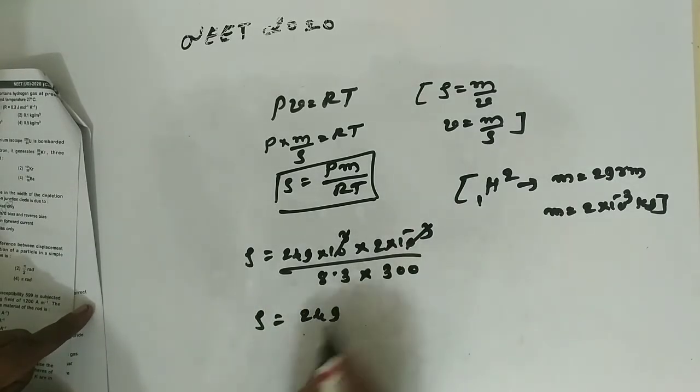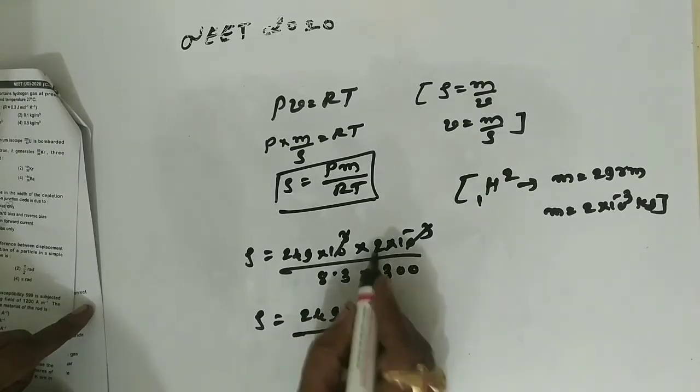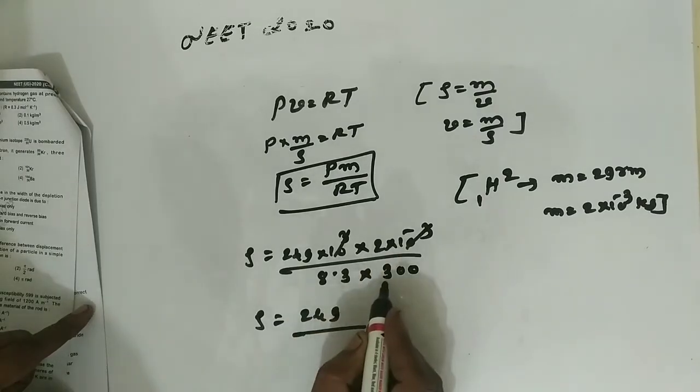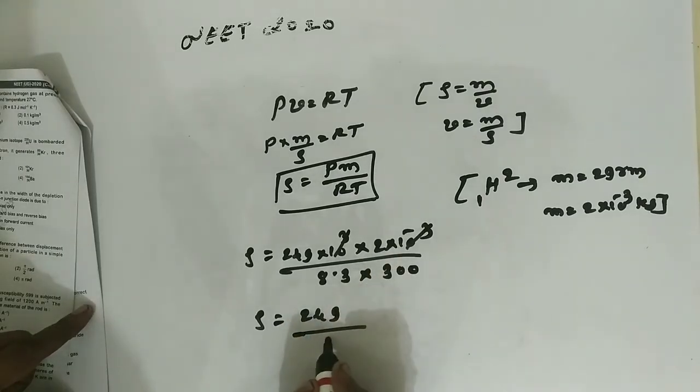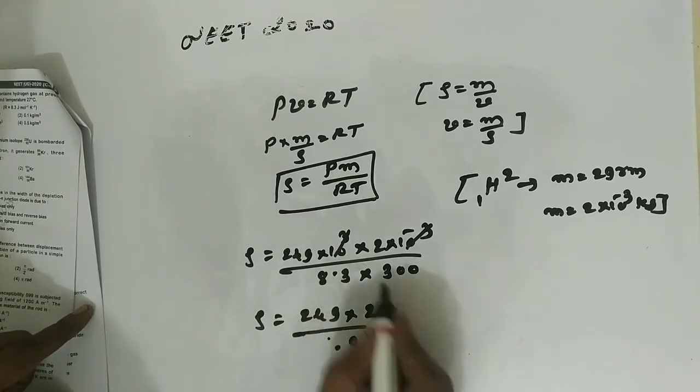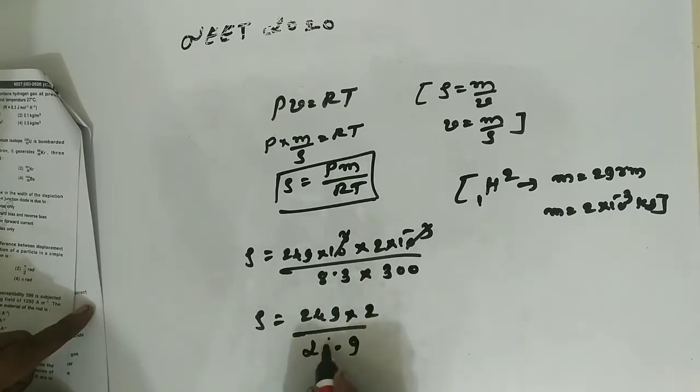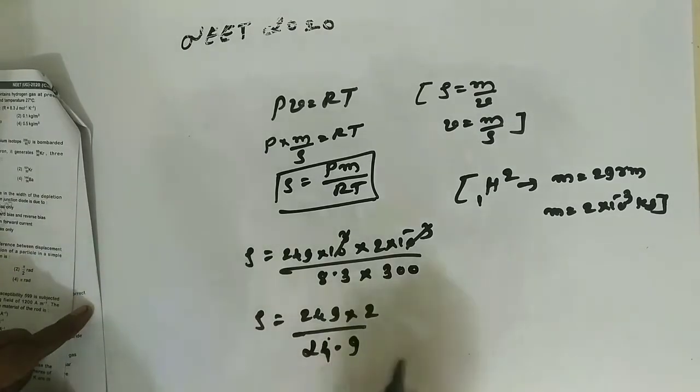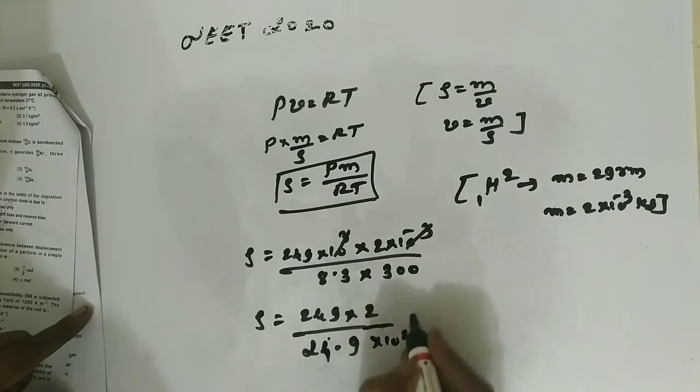So 249 by, shall I take 2 by, this is nothing but 2 as it is, 3 3s are 9, 24.9, 10 to the power plus 2 goes up.